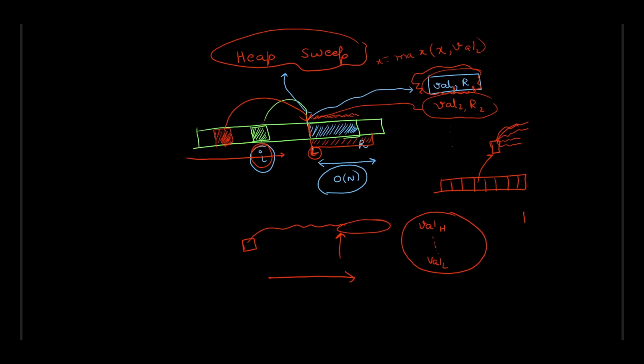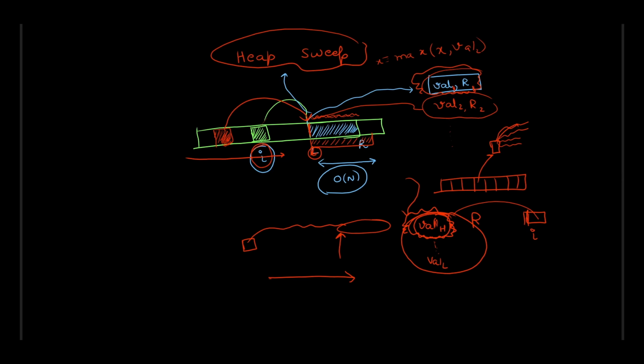And then when you reach a particular element i, all the elements that are over here will provide contribution to it, provided that their right endpoint crosses i. So what you can do is check the highest valued element that exists over there, because this is the one that can provide the maximum contribution. But if this highest valued element cannot provide contribution to i, and when can that be?